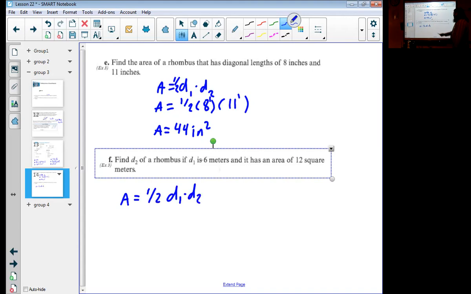Well, we have A is 12 meters squared. From here is equal to, we don't change the 1/2. We have D1 is 6, and we don't know what D2 is. D2. This is meters.